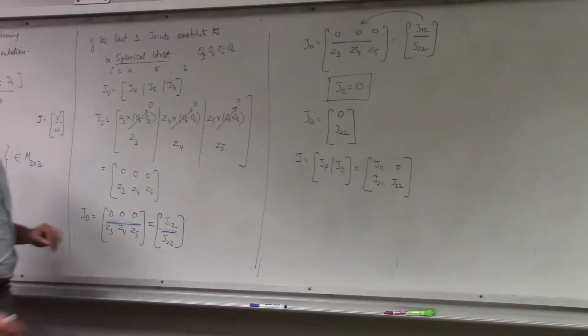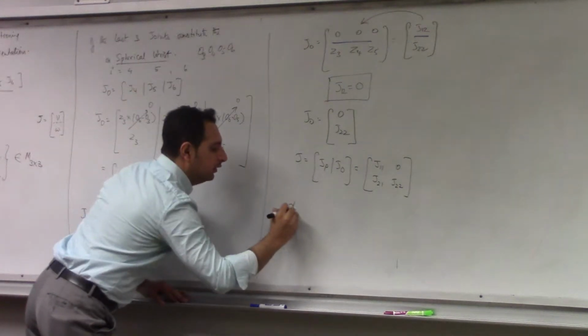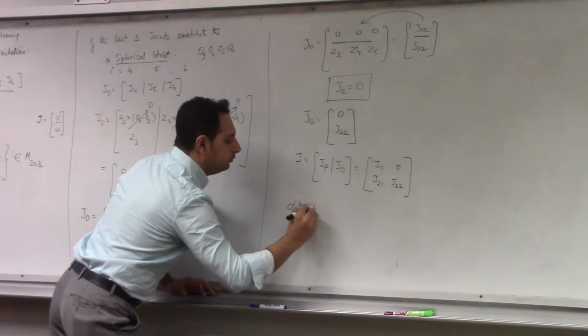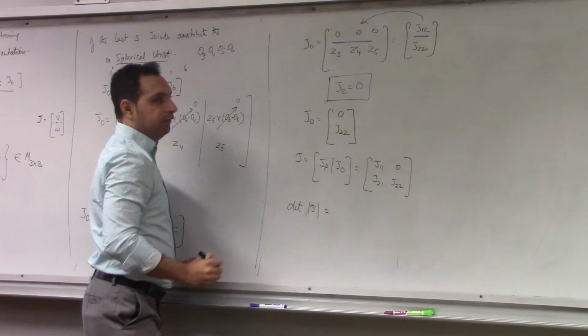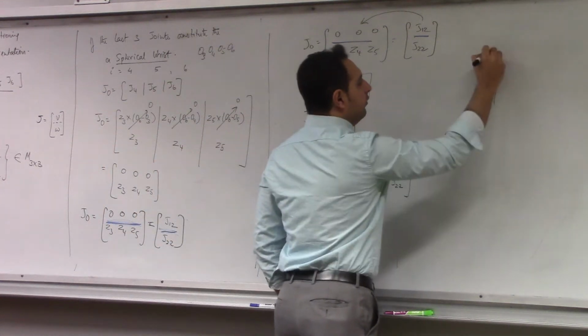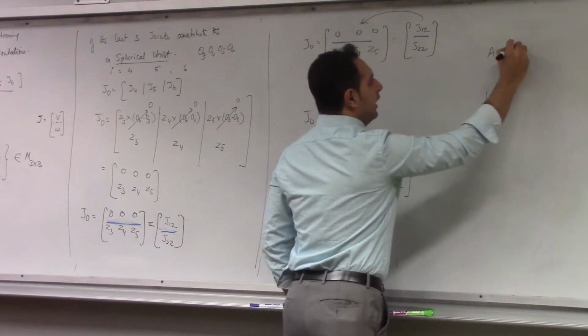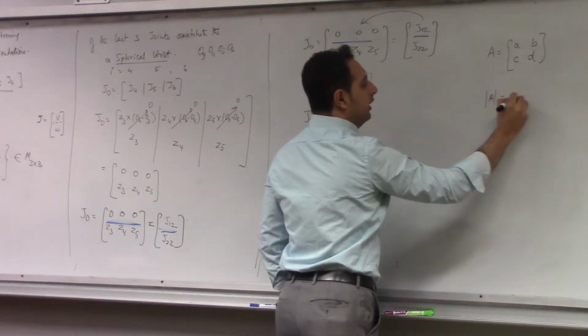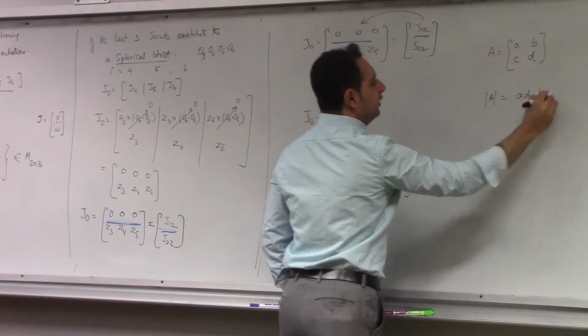So the determinant of the Jacobian will be equal to... As I mentioned to you, if you have a matrix A, which is A, B, C, D, then the determinant of A is AD minus BC, right?